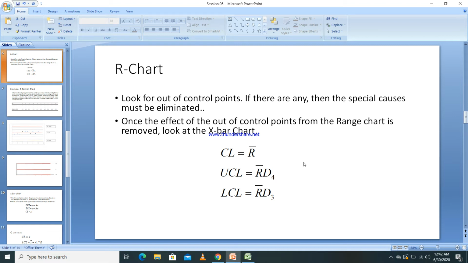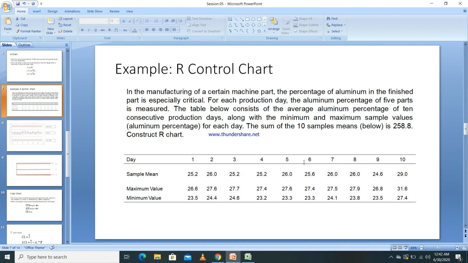So I'm going to show you one example. If you look at this, it says in the manufacturing of a certain machine part, the percentage of aluminium in the finished part is especially critical. For each production day, the aluminium percentage of 5 parts is measured.